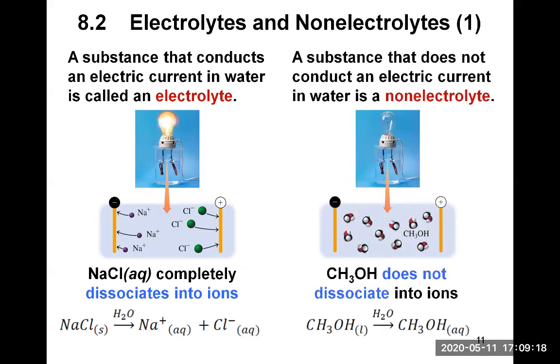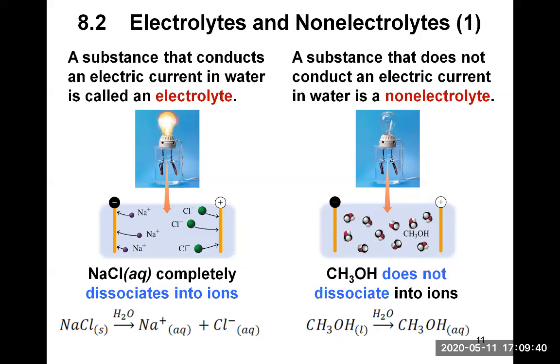So by opposition, a substance that does not conduct an electric current in water is a non-electrolyte. So the illustration here shows the same bulb with the same electrodes, but this time it's dipped into a solution of methanol. CH3OH is methanol.